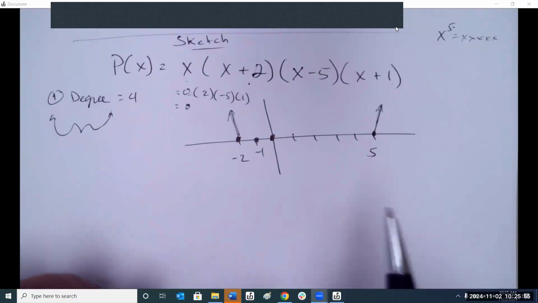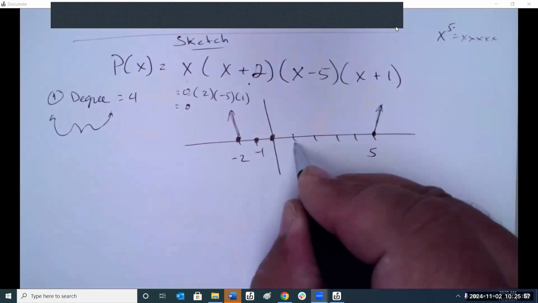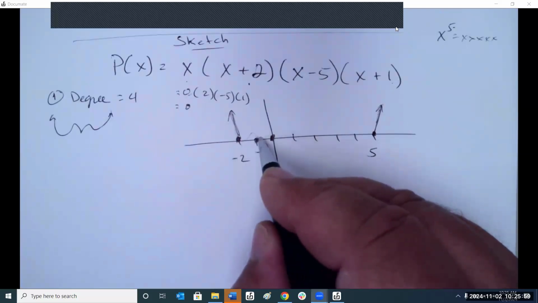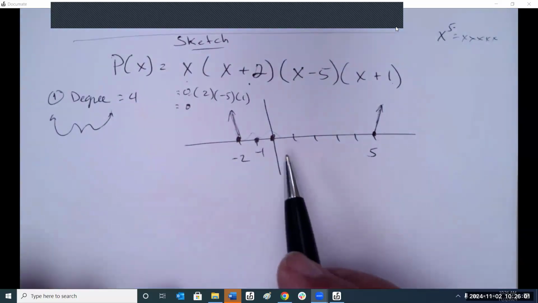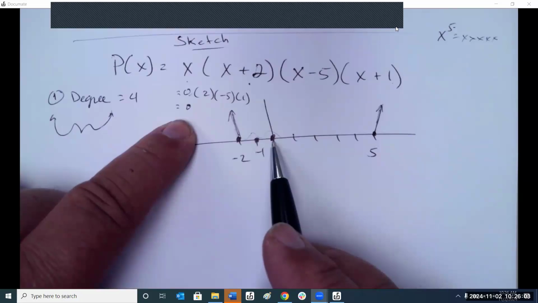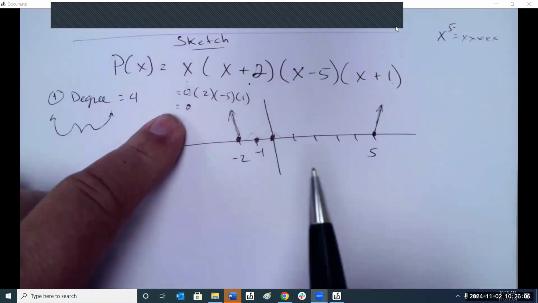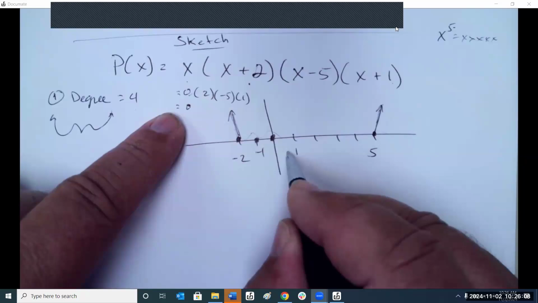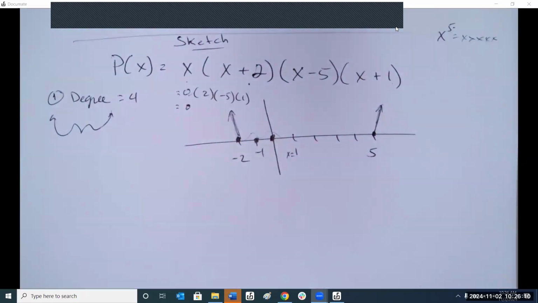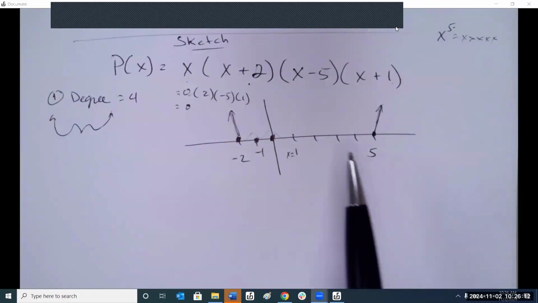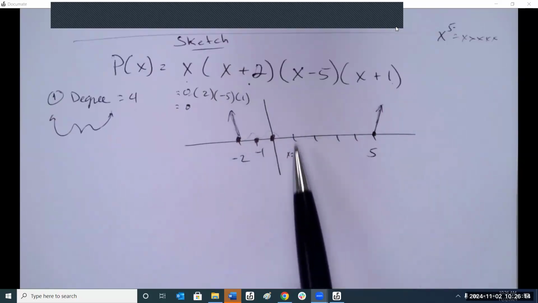How do we know it's going to bounce? All that tells us is that they both go the same direction. Well, let's look at the easiest way to do this. If you're saying it's going to bounce, we know the y-intercept at 0. That works there. What happens if we put x equals 1 in the equation? Is it going to be positive or negative?